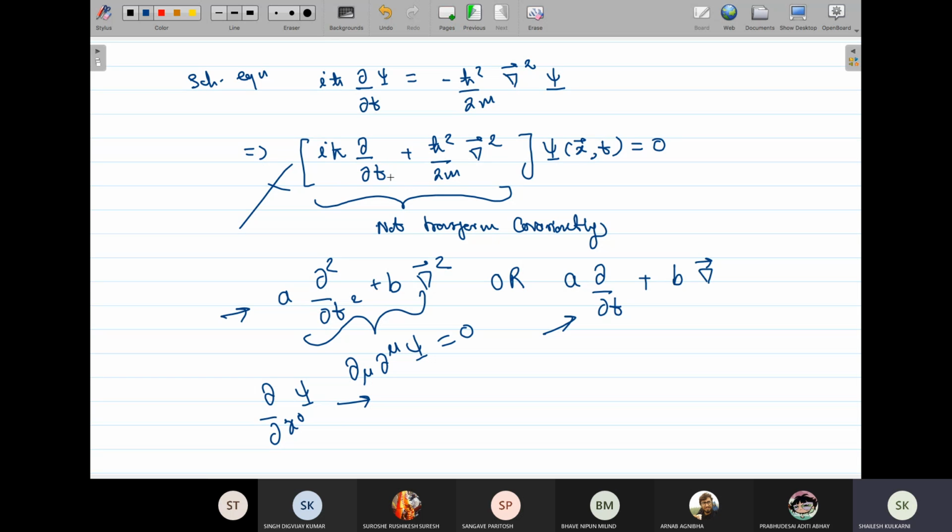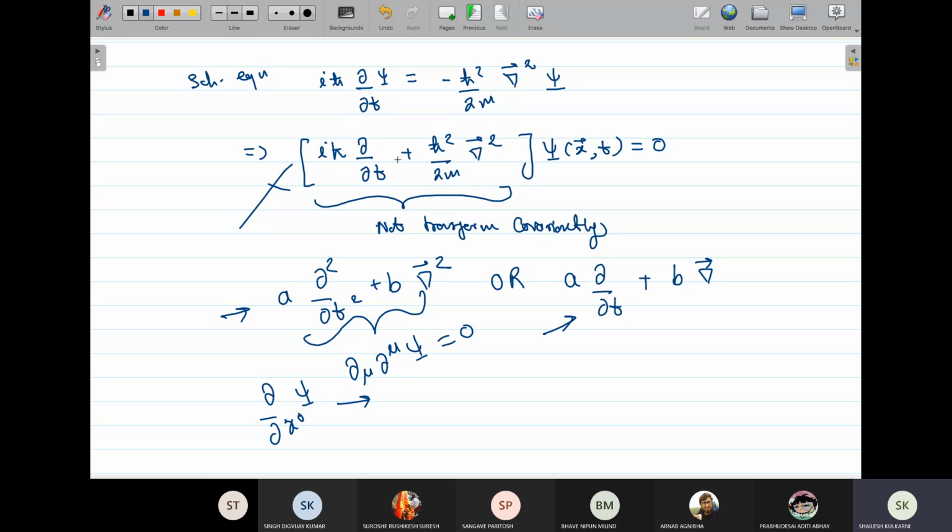If you have two time derivatives, that means in brief, one should have equal space and time derivatives. The order of the space derivative and time derivative must be equal. Yes, that is it.